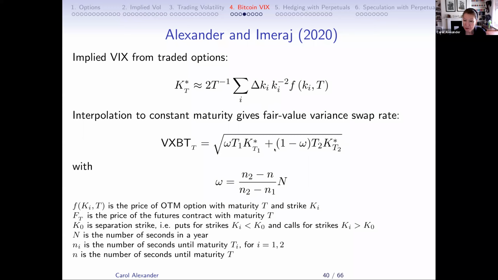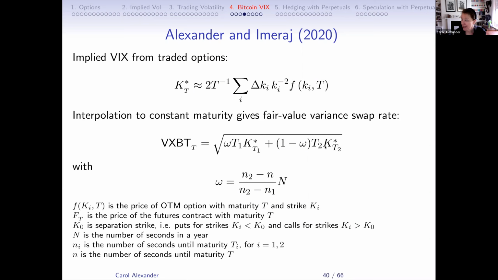So one at the shorter maturity and another at a longer maturity. And the interpolation depends on how close you are to the various maturities. So for example, if we did have, say, 15 and 45 days, then it would be a half.